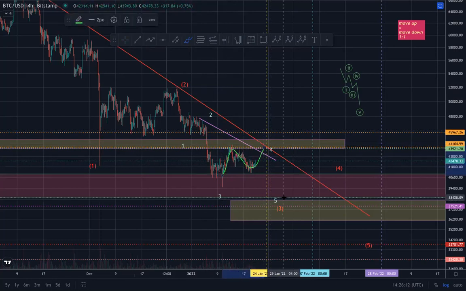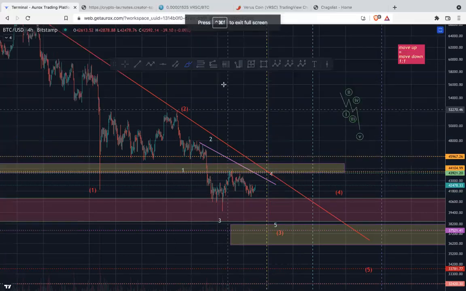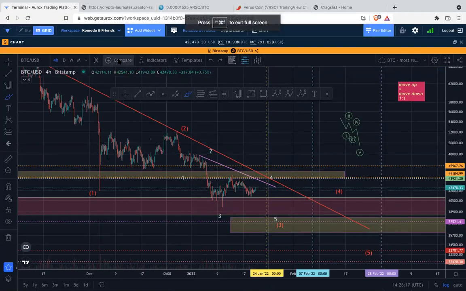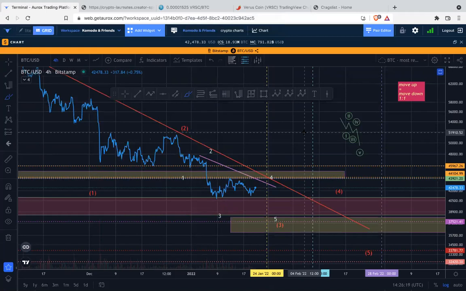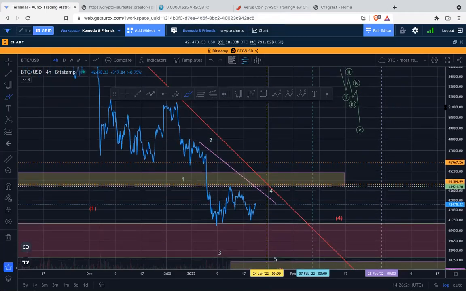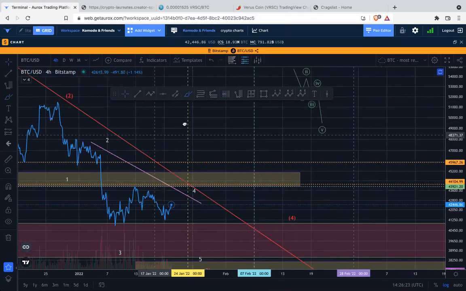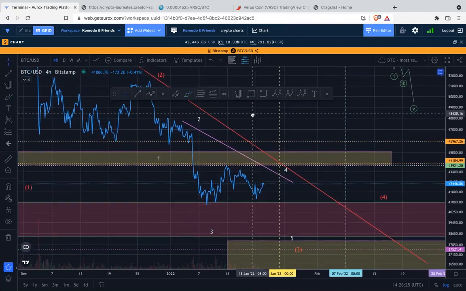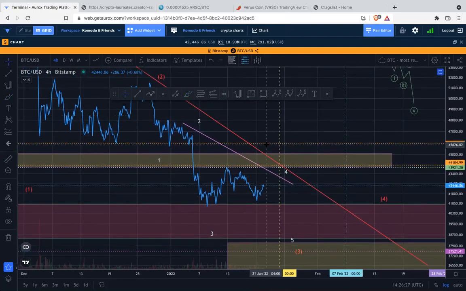And watch this. Let's get the noise out and just look at these waves. So my best guess so far, at least on this time frame, is, you know, it's interesting, with the wicks and without the wicks, it just changes a little bit of the nature of the price action in terms of what we see, but that's okay.